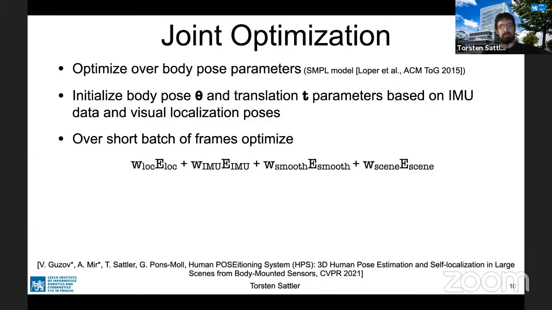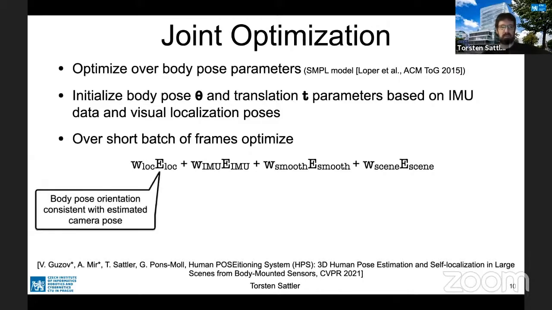And most of these terms are rather standard. So the first term essentially says that the body pose should be consistent with the estimated camera poses, and we have a weighting term W log that is applied to that term.